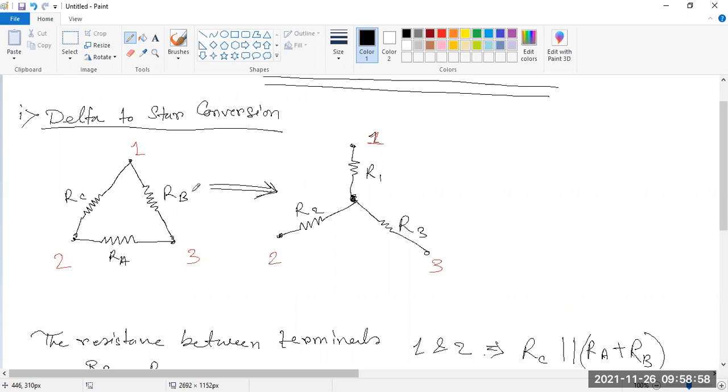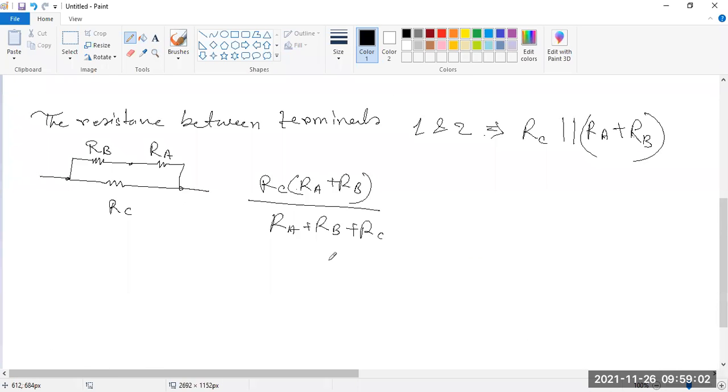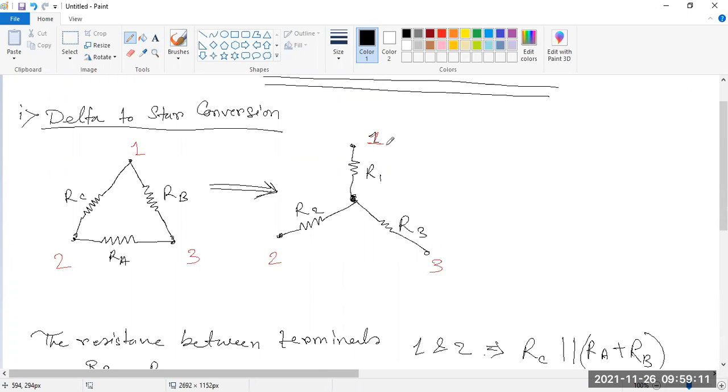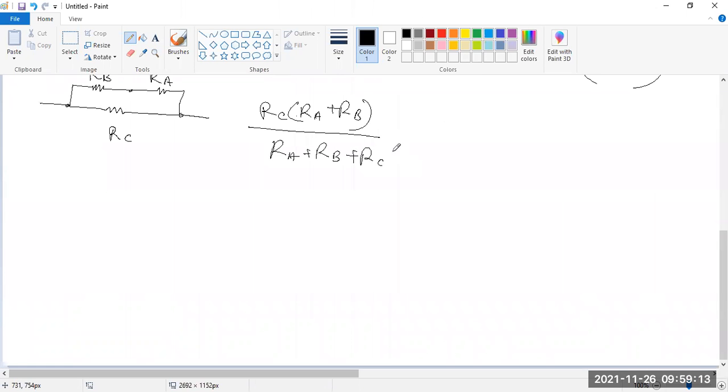Otherwise everything will be dissimilar. If it was similar, we could directly replace, but it is not similar, so we have to calculate the value. So give this equation number 1.